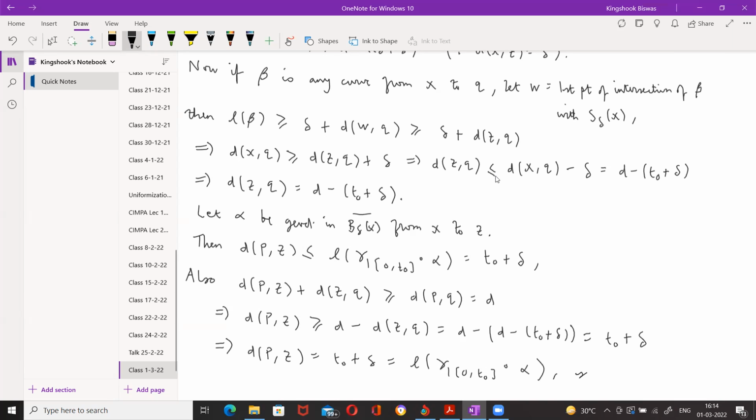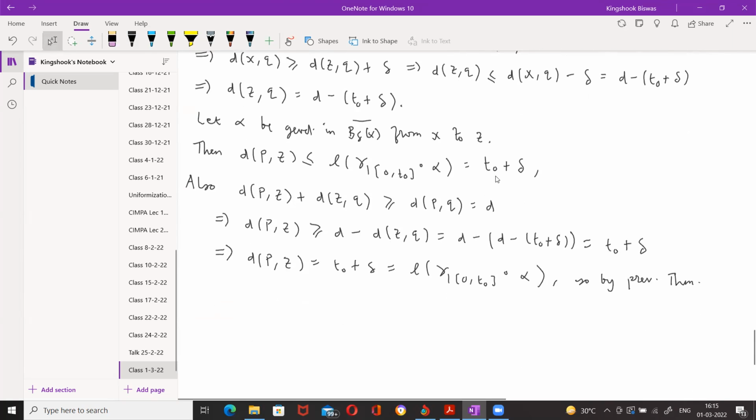So by the previous theorem, gamma restricted to 0 T naught dot alpha is a geodesic, right? Is this clear? Yes. But that implies what? That implies that Z is equal to gamma of T naught plus delta, right?